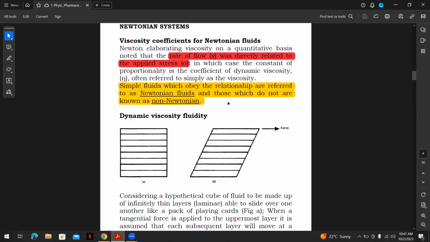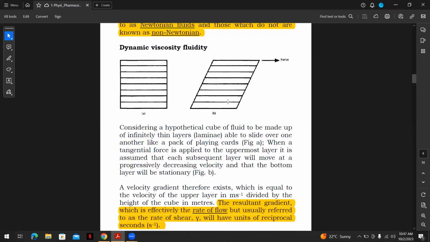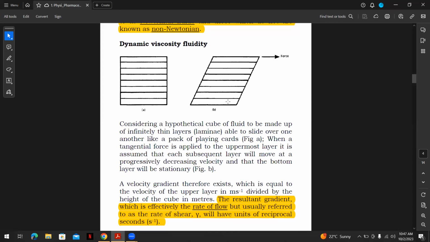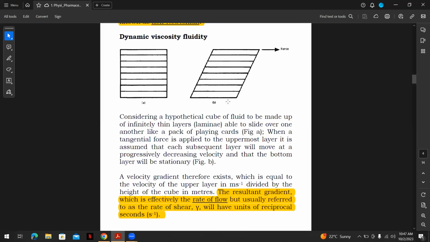So this is just a simple explanation of what dynamic viscosity is. Basically what this paragraph is saying is, when you have a pack of cards and you throw them on the table, the first card goes like that, and the last one won't move so much like the first ones.